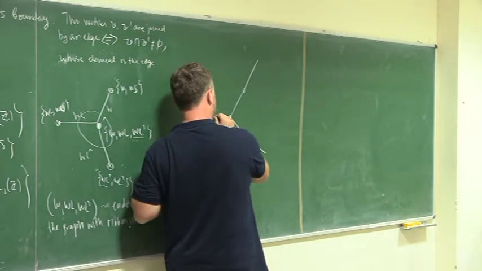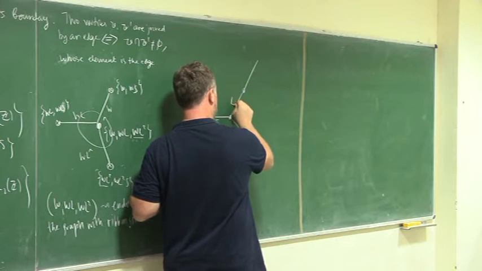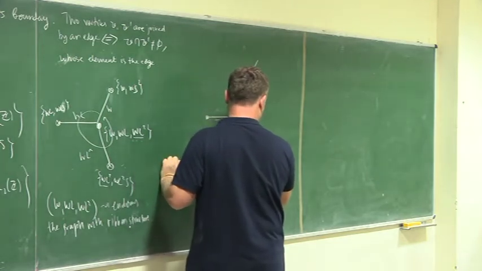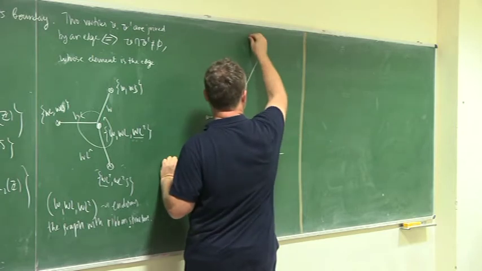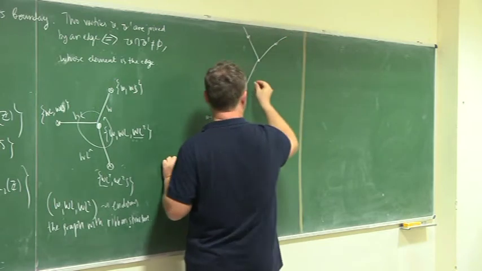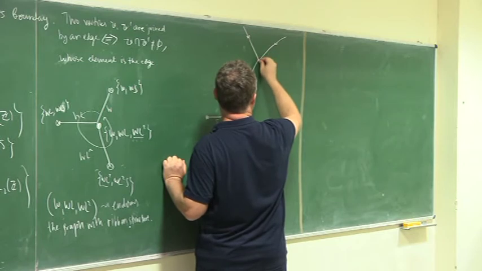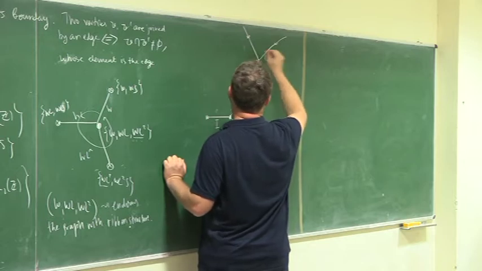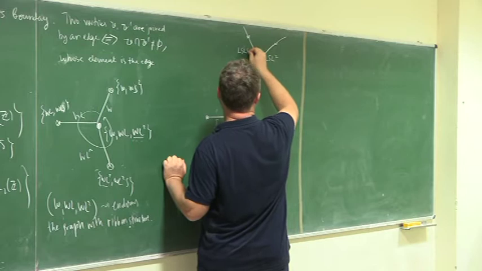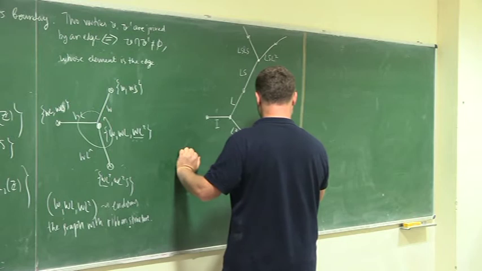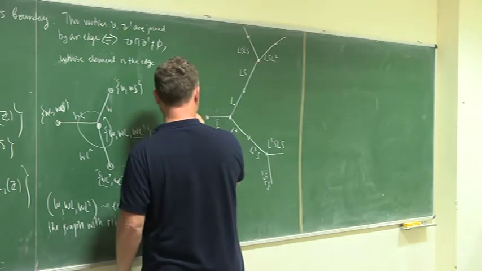So I imagine that I'm going from this direction to here, so I call this L. Here I call this L square, and this is L square S. Then LS here, and so on, labeling the edges, and I do the same thing in the opposite direction.